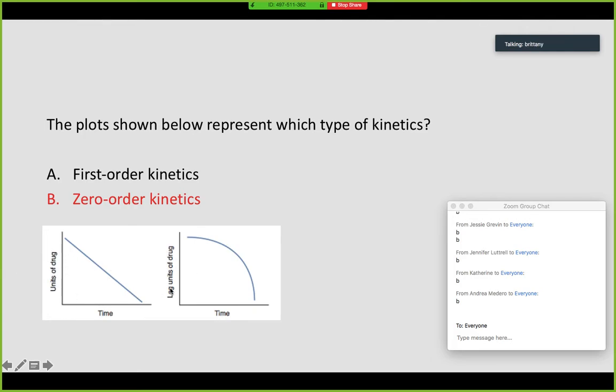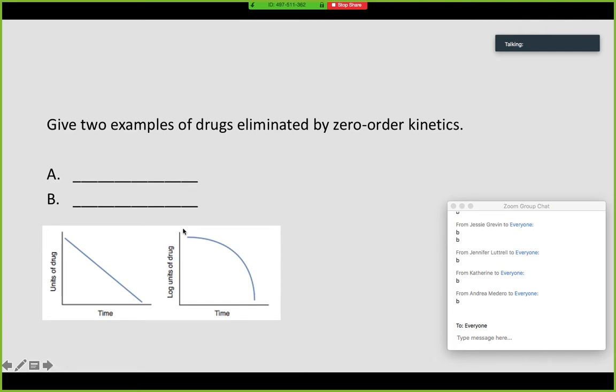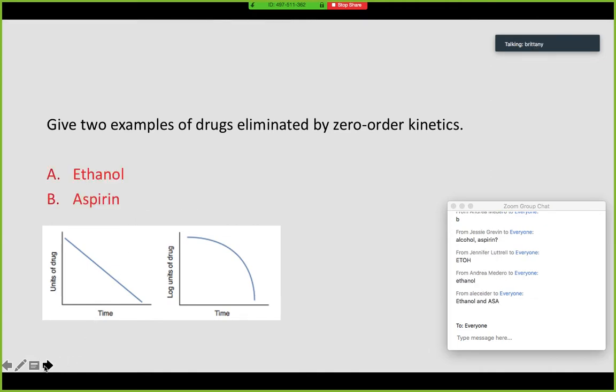So if you have a logarithmic graph, zero order kinetics is going to be curved, whereas just in a simple time versus units of drug graph, it's going to be a straight line because the drug is eliminated at a constant amount in zero order kinetics. Okay, so 2 examples of zero order kinetics that you need to know. Right, ethanol and aspirin.